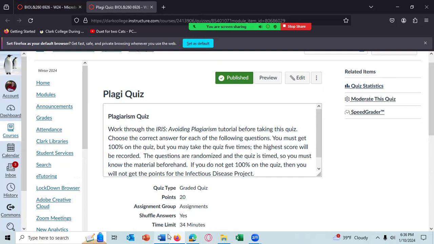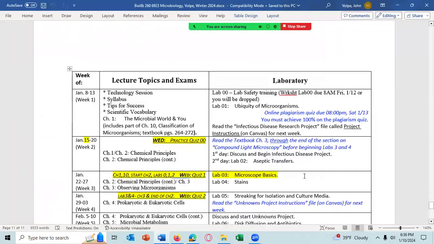So I need to change the syllabus then. That's not right. And I'll update that later on the web page. I make a note that I need to update that.